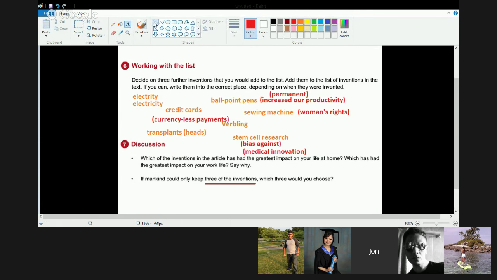Okay, so these three have really affected the human being's life, and the reason, as you know, especially transplant, it is something very, very amazing.